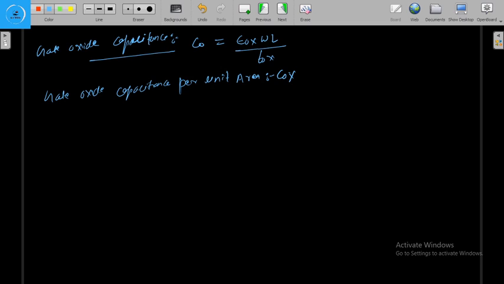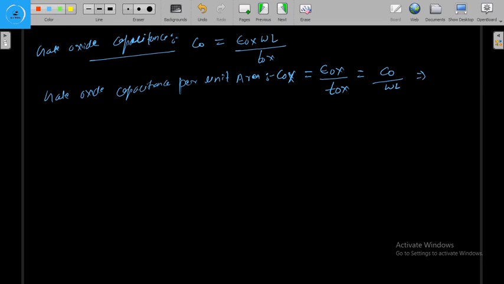This is the gate oxide capacitance per unit area, and COX will be equal to epsilon OX divided by TOX, not WL here, because COX is CO divided by W and L. So COX equals epsilon OX divided by TOX, which equals CO divided by WL, and this WL is nothing but the area. So CO is the gate oxide capacitance, and COX is the gate oxide capacitance per unit area, right?